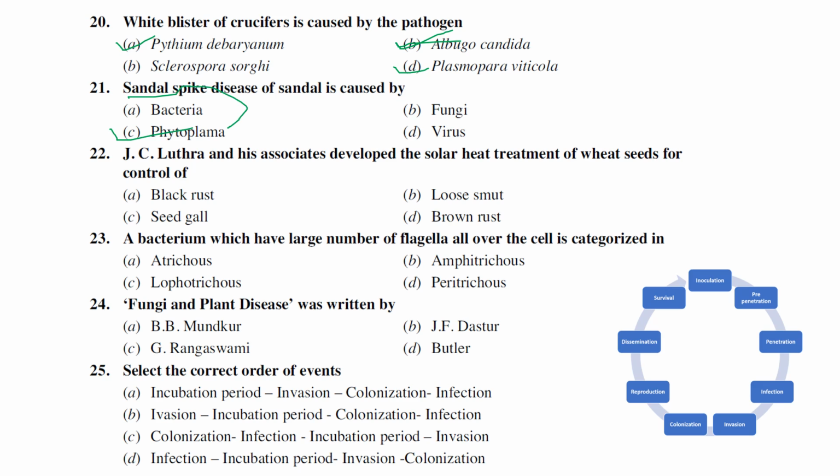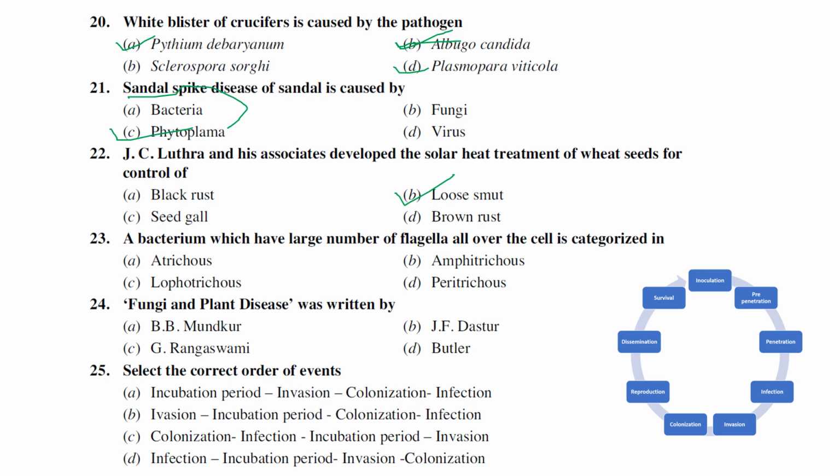Then J.C. Luthra and his associates developed a solar heat treatment for wheat seeds for the control of wheat loose smut. The name itself indicates solar. By trapping solar or light energy from the sun, we can kill the loose smut pathogen present in the seeds.